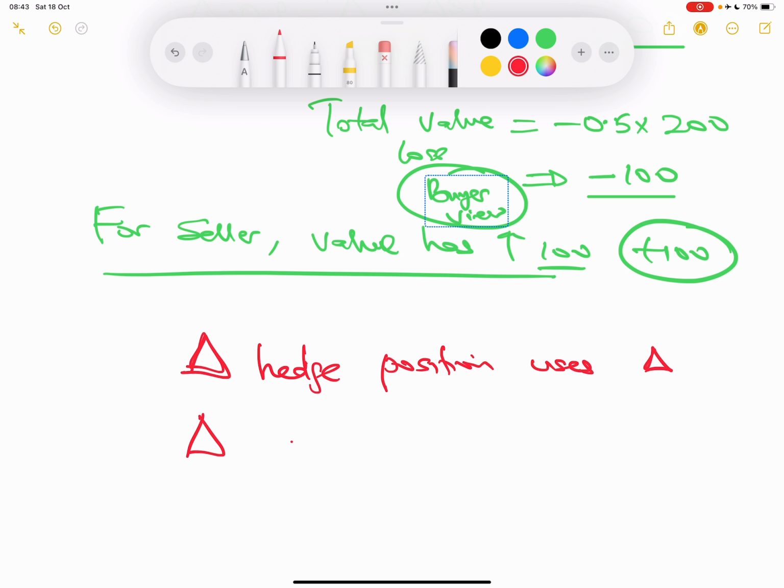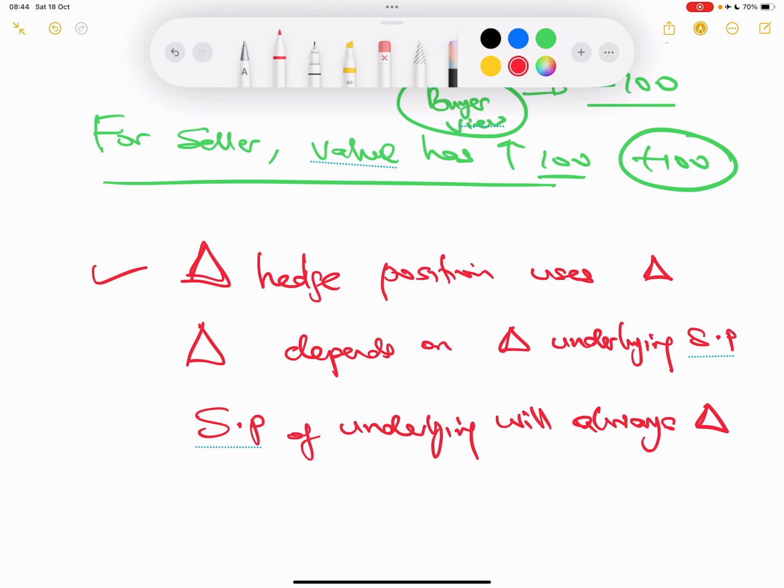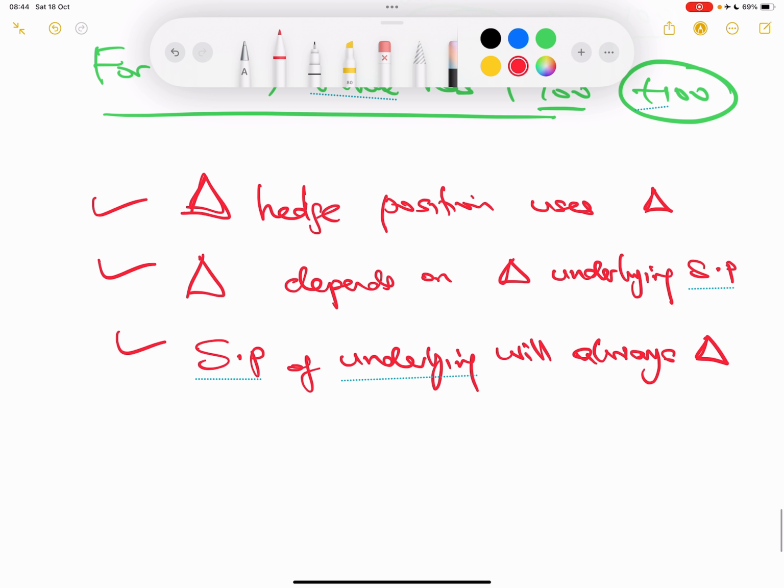And we know that delta depends on changes in the underlying price. The underlying price will always change, and you agree with me. So if the price of the underlying always changes, delta will always change.